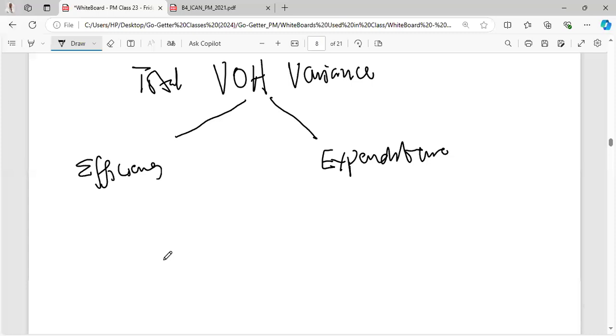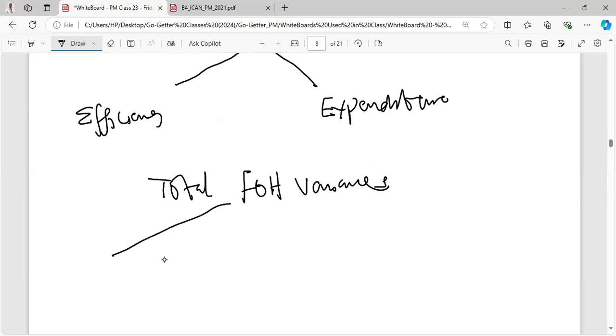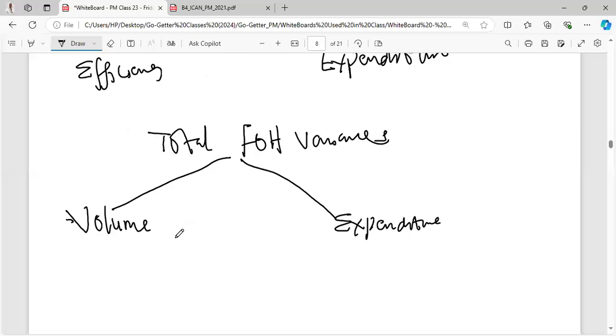Now that's for variable. Now, if you are looking at fixed, so this is total fixed overhead variance. I want you to look at it this way. We will still have volume. Look at it as volume. Look at it here as expenditure. Now I want you to look at the similarity and the difference.